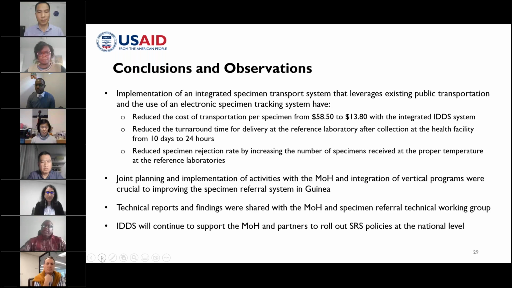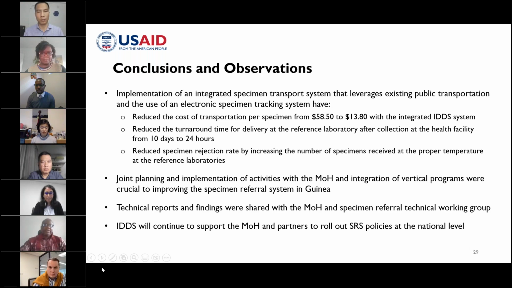So what did we observe during that? One thing is that the turnaround time from sample collection to the delivery to the reference lab went down from 10 days to 24 hours. And samples were transported at the required temperature with a very low rejection rate, a reduction in sample rejection from 15% to 1.08%.